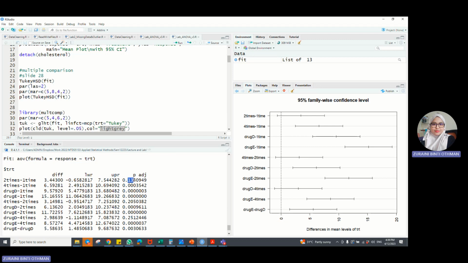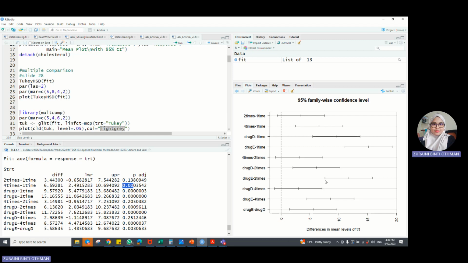Whereas the difference between 1 and 4 times is significant. The p value for 2 and 1 time is 0.138, but for 4 and 1 time it is less than 0.01 here. And then the pairwise comparisons are plotted in this figure.